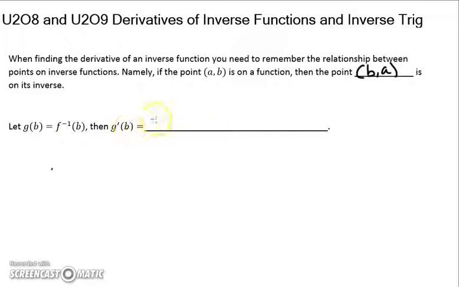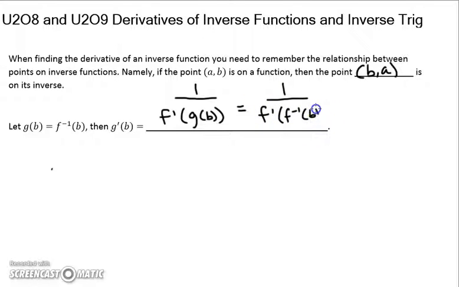So the derivative g prime of b is going to be equal to 1 over f prime of g of b, which we're also going to think about as 1 over f prime of f inverse of b.